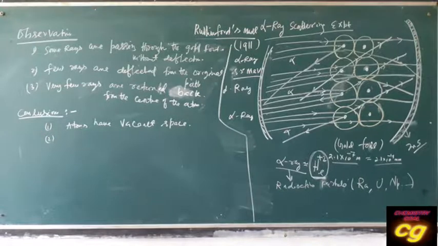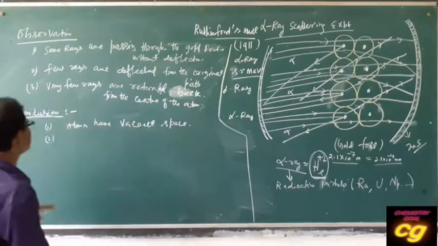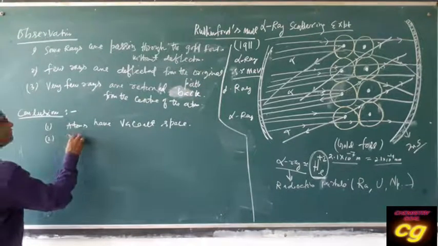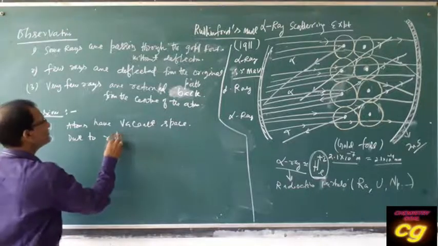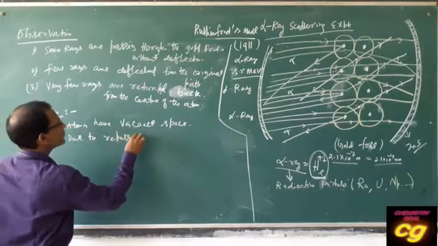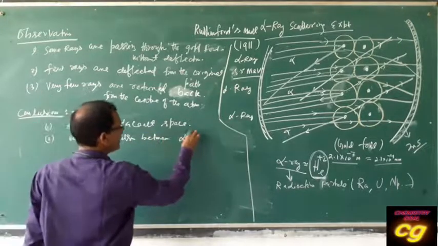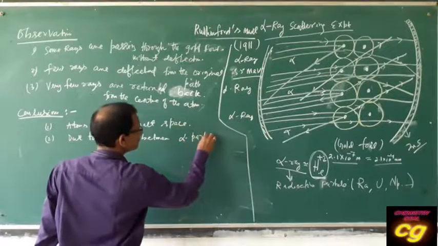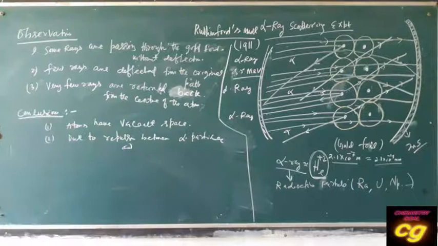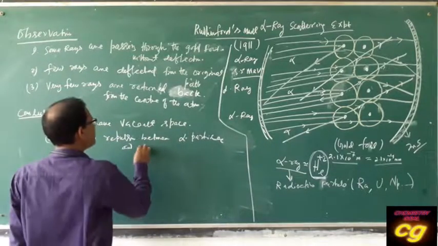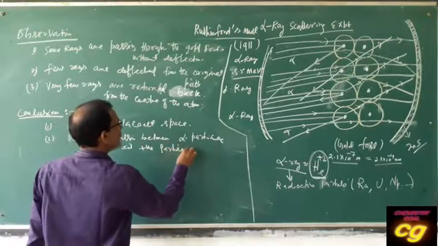Second conclusion: few rays are deflected from the original path because of repulsion between the alpha particle and the positive particles at the center.